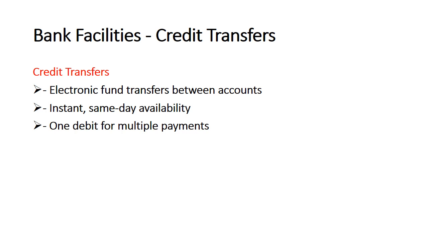If for example the tuition fee is 1 kwacha and they are 10, each pays, wherever they are, 1 kwacha each. So the total 10 kwacha is going to be received by Blue Gum. It won't come as 1 kwacha, 1 kwacha, 1 kwacha. No, it will come as a single payment, 10 kwacha. So that's what it means, one debit for multiple payments. That's a feature of credit transfers.